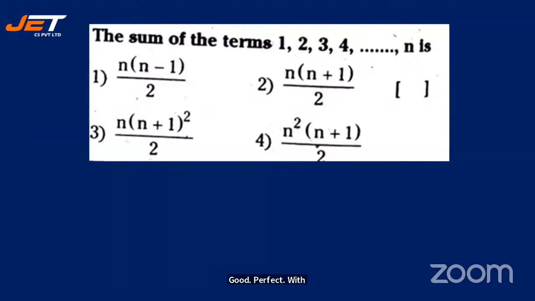The sum of the terms 1, 2, 3, 4, and so on till n is dash. Is it n into n minus 1 by 2? Or is it n into n plus 1 by 2? Or is it n into n plus 1 the whole square by 2? Or is it n squared into n plus 1 by 2? Yes, give me your answer. This is supposed to be a direct formula related question.